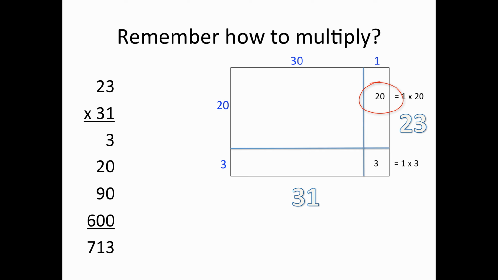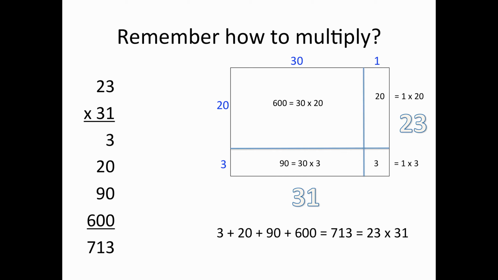Then down below, that rectangle is 3 by 30, so the area is 90. And the area of the last rectangle is 30 by 20, which is 600. And once again, if we add 3 plus 20 plus 90 plus 600, we get 713, which is exactly what we did before.